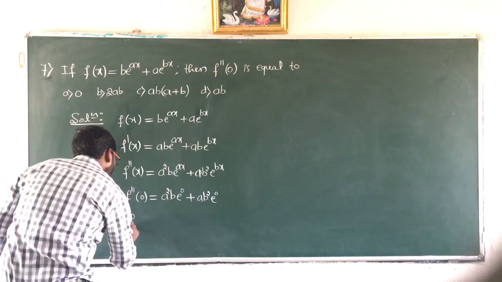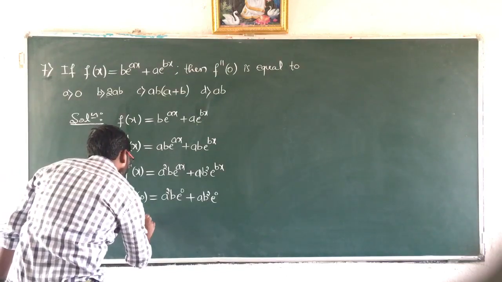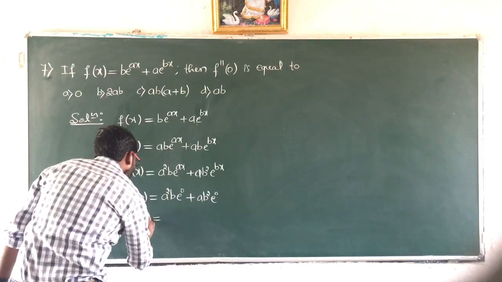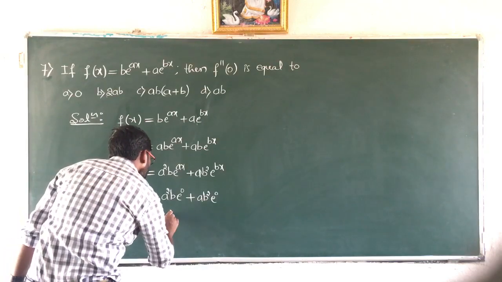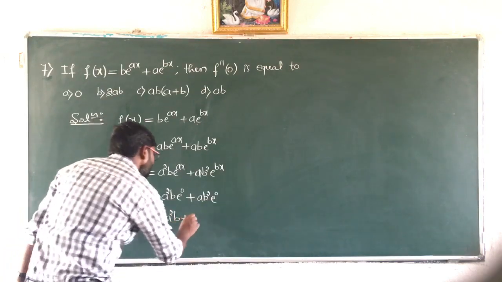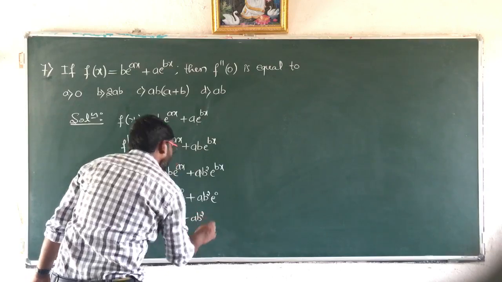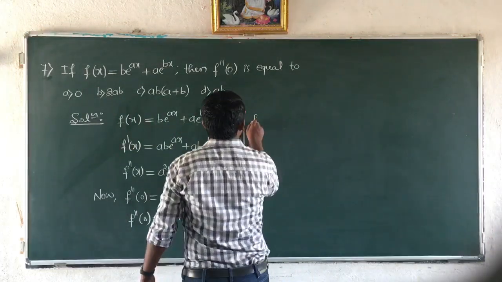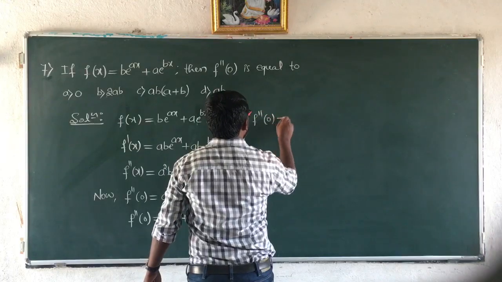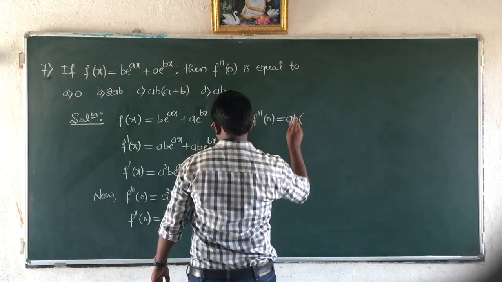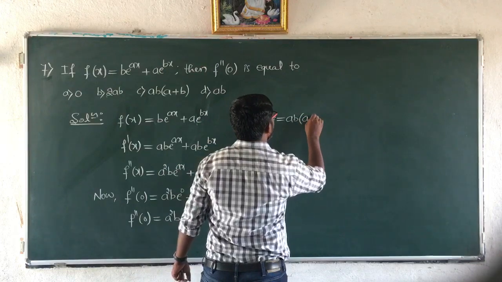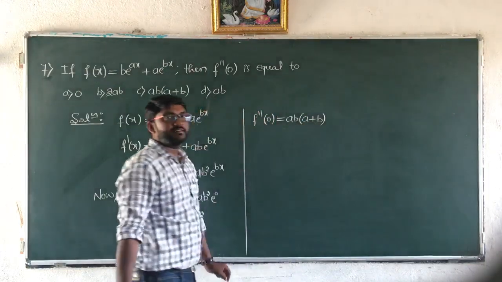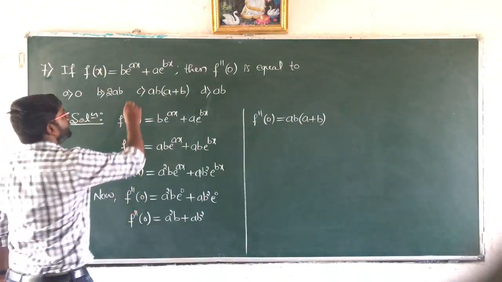So we get f double dash of 0, which is equal to a square b plus ab square. So now see here, we take ab common here. F double dash of 0, which is equal to, I take up ab common, inside we get a plus b. So this is the answer. So it is option C.